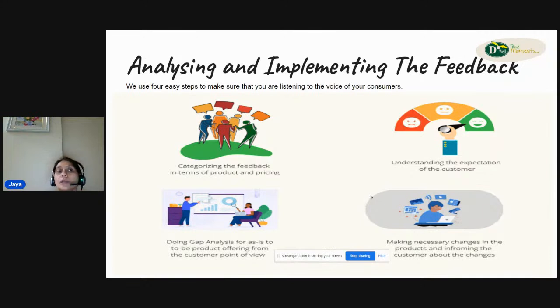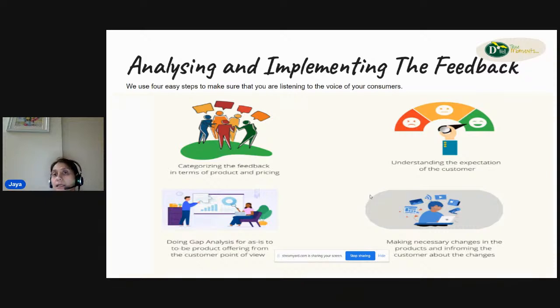Why? Because when you analyze these things, it makes it very easy to understand where your product is standing in the current situation. So we try to categorize each and every feedback in terms of product and pricing, meaning whatever product you are offering, what the prices are, and how the customer is taking the product.